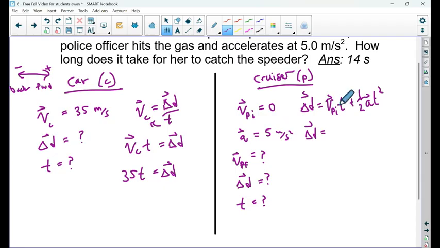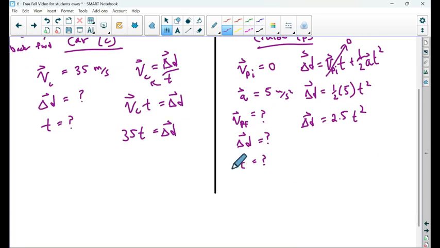Know my initial velocity is 0, so I can get rid of this whole term. It's gone. That simplifies things. Then I have a 1/2 times 5, that's my acceleration, times time squared. Simplify a little bit further. 1/2 times 5 is 2.5 times t squared. Now, okay, we have our equations for the motion of each vehicle.